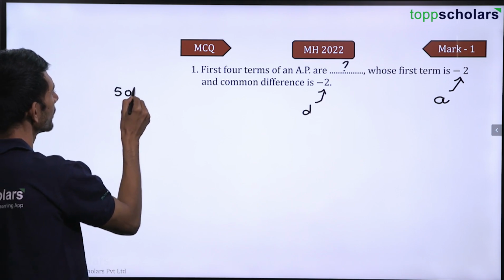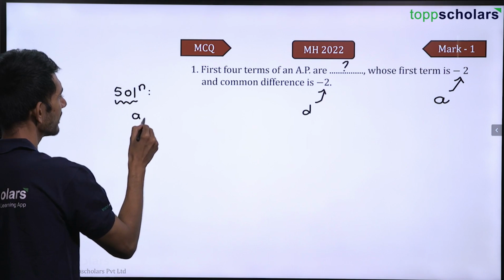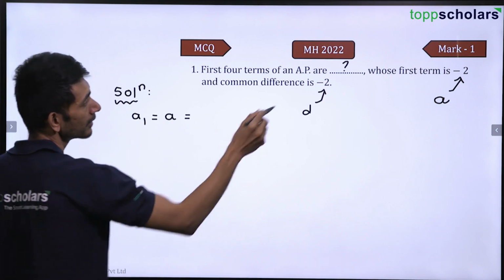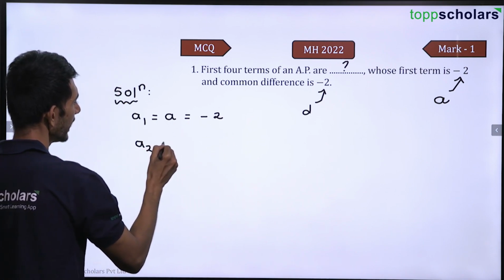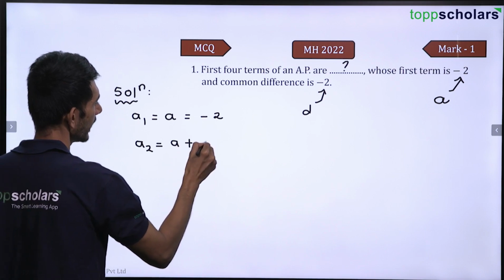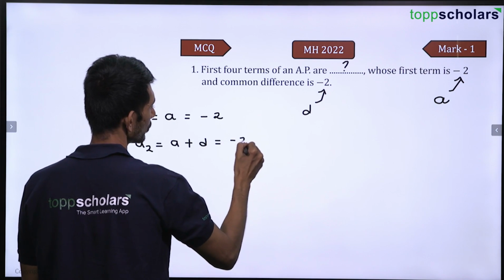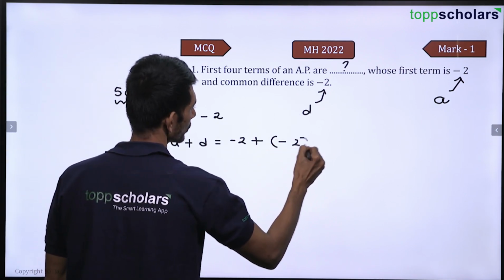This is very simple. First 4 terms. Now first term itself is A1, which is nothing but A, which is nothing but minus 2. What is A2? A2 is A plus D. A is minus 2, D is minus 2.